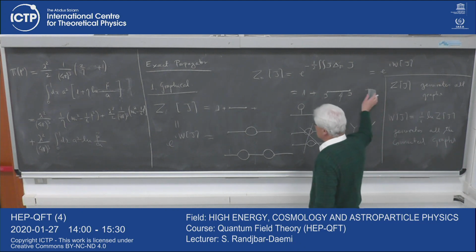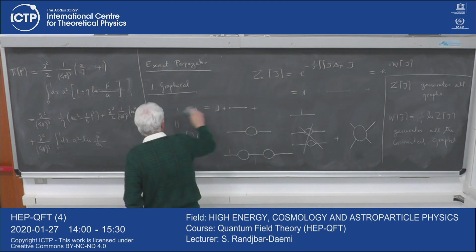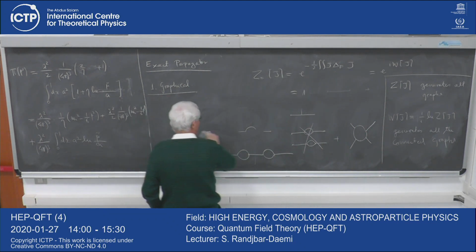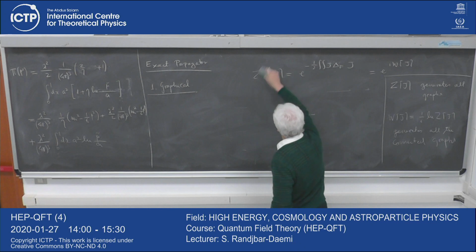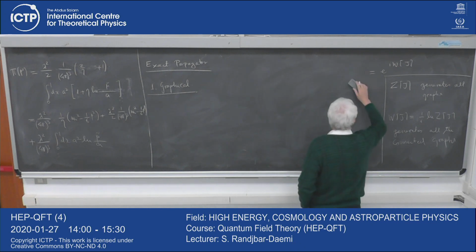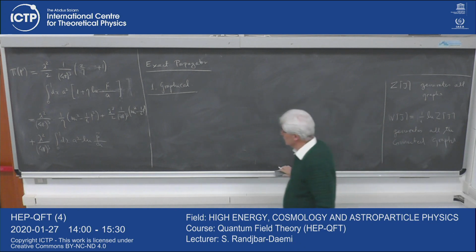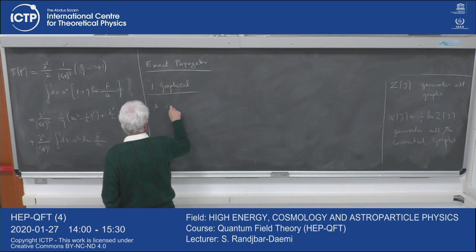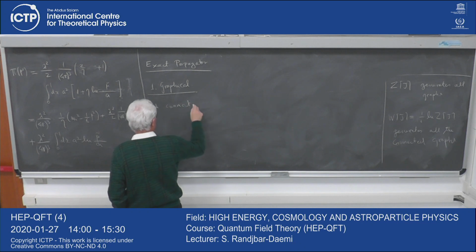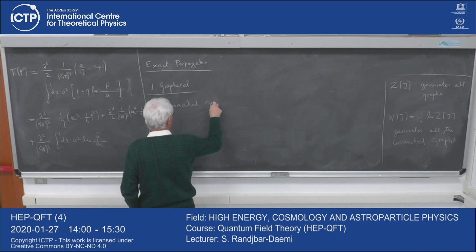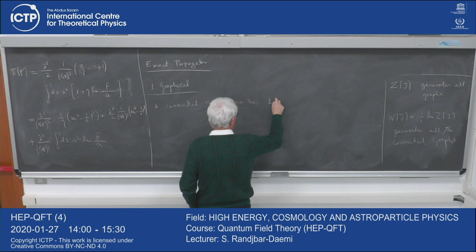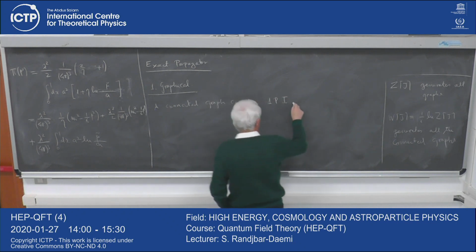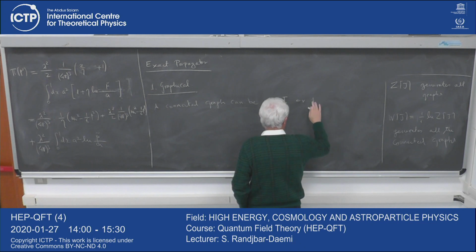And then in the set of the connected graphs, we have one particle reducible and one particle irreducible graphs. So the connected graph can be one particle irreducible or one particle reducible.